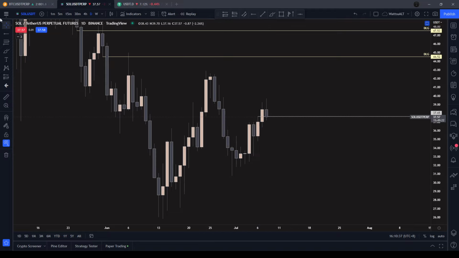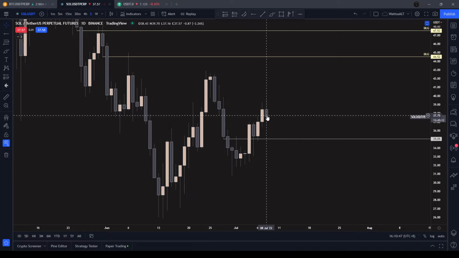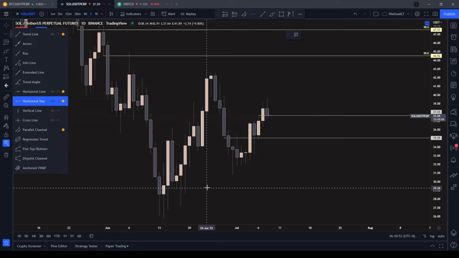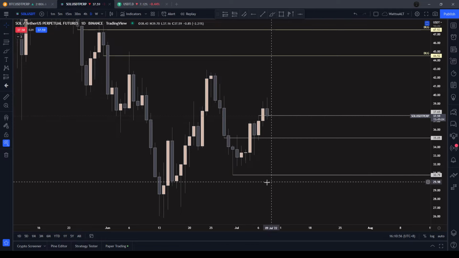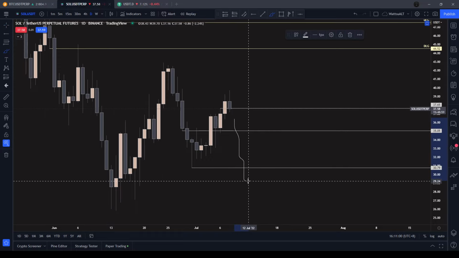Since we have taken this liquidity gap right here on the daily, but if we do manage to put another reversal here, I am expecting that to clear at least this equal low, like a sweep of the low.